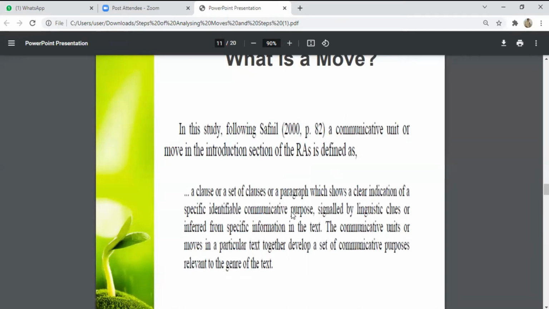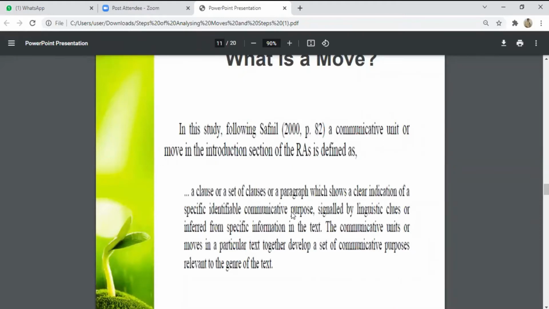The communicative units or moves in a particular text together develop a set of communicative purposes relevant to the genre of the text. So if there are five moves, all five moves develop the communicative purpose of that section.